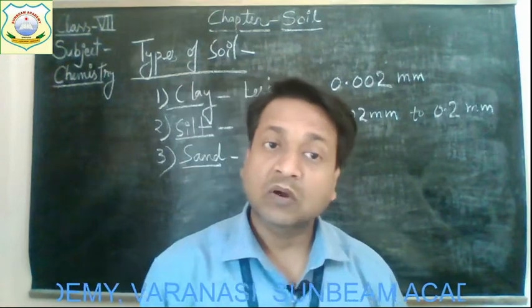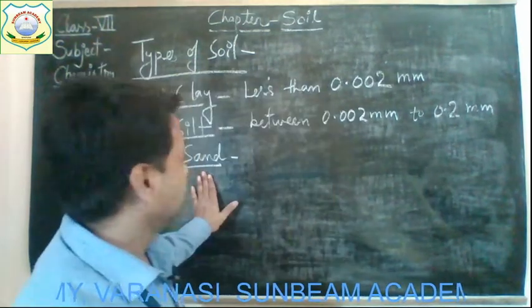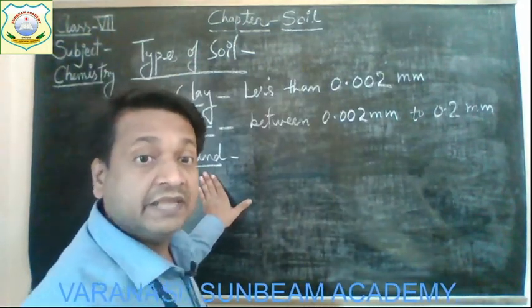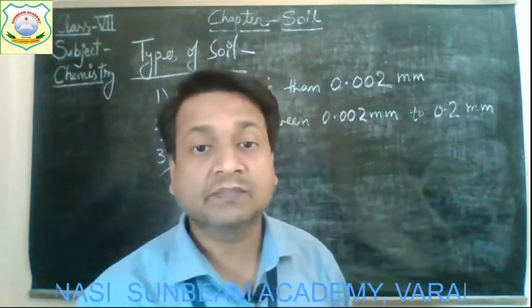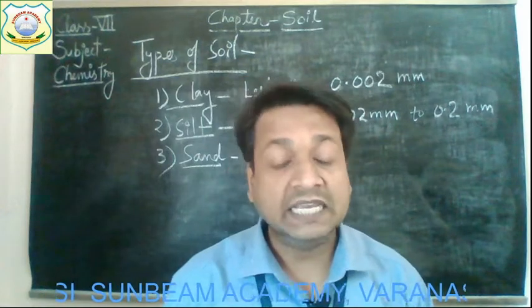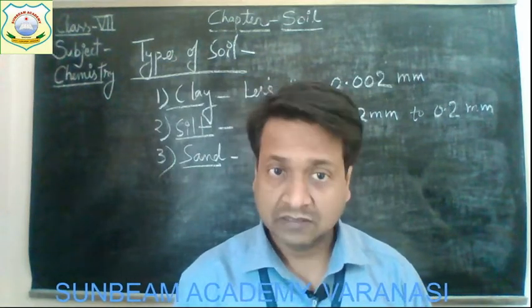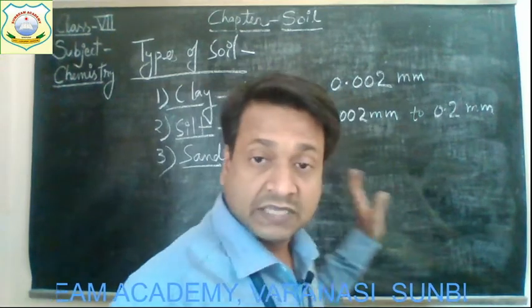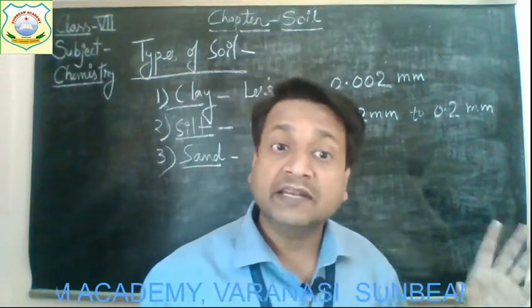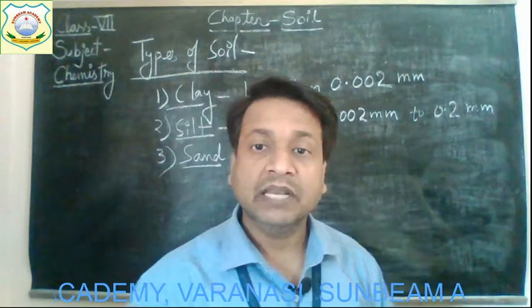Understood? Now come to the third particles, known as sand. The sand has the largest sized particles, which can easily be seen. Okay, and you must have seen that. And the diameter of the sand particle is greater than 0.2 millimeter.